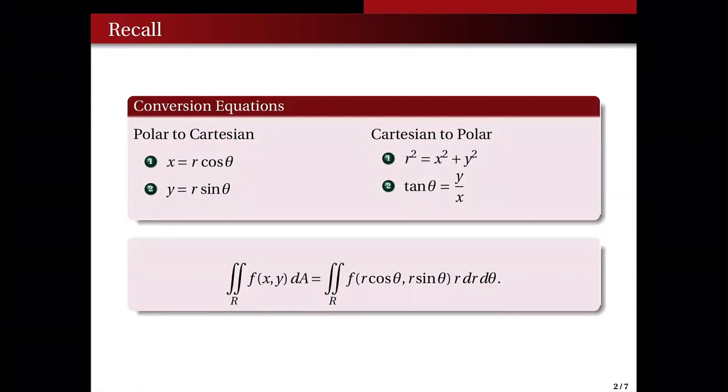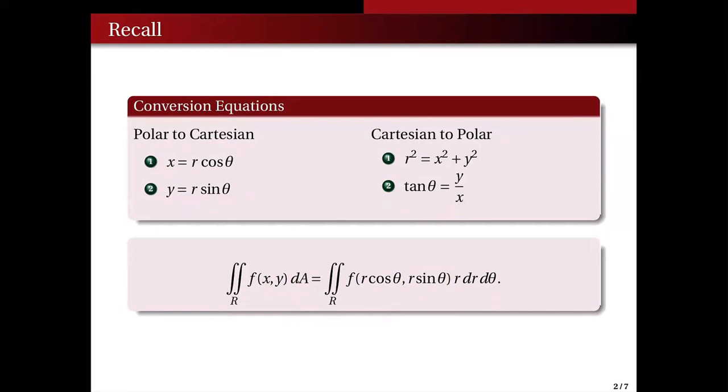So again, x equals r cosine theta. So you see here the x, this is your r cosine theta. Y equals r sine theta. So this is your y and this is your r sine theta. Now, the dA converts to r dr d theta. Sometimes we write r d theta dr, whichever is more convenient.